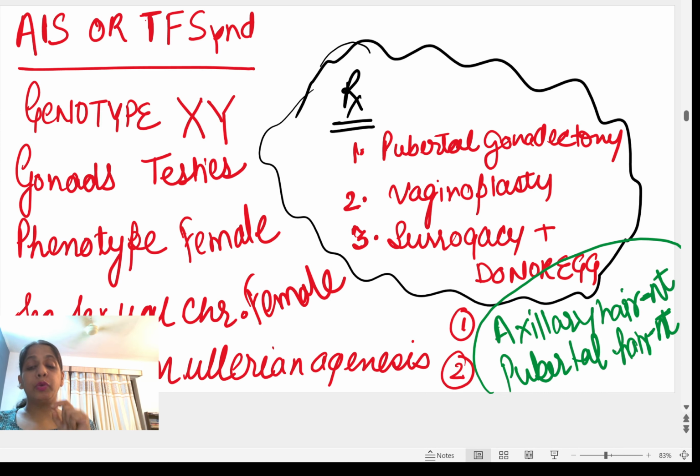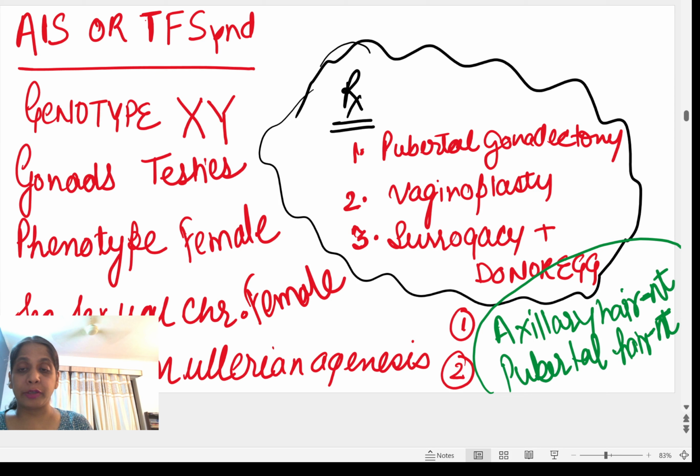So how will we help these androgen insensitivity syndrome patients? First of all, we know that the gonads they have are testes, right? So we will do a gonadectomy, and we will do this gonadectomy at puberty, because their androgens were making the breast of the patient of androgen insensitivity syndrome. So we want that at least she becomes fully female, right?